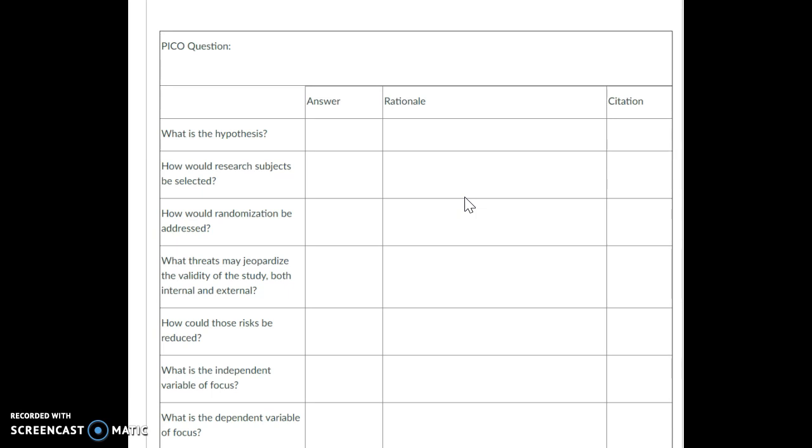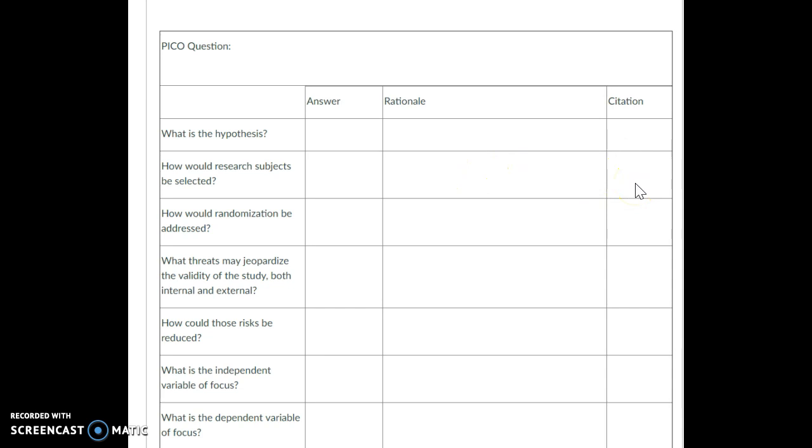You're doing community-based. One option you could do for getting subjects would be the snowball method, and so that could be your method. And the rationale in the snowball method is kind of a system of referrals. So you interview one person you know who had breast cancer, and they can tell you other people they know of who are also breast cancer survivors, and those people can tell you other people, and it kind of fans out. And so a rationale of why you chose the method, and then a citation.